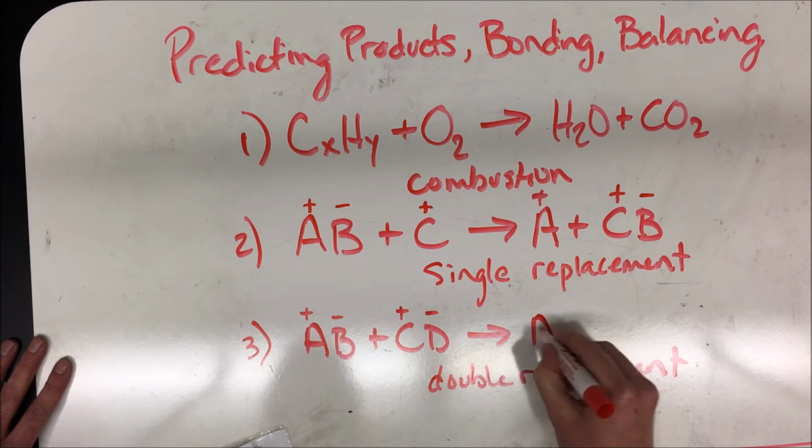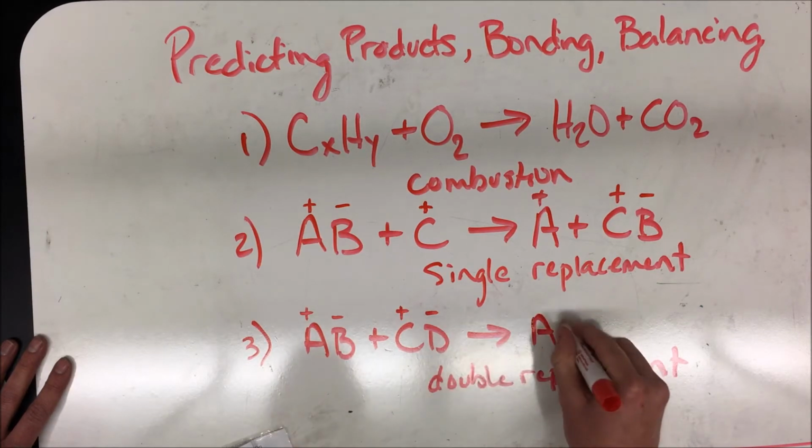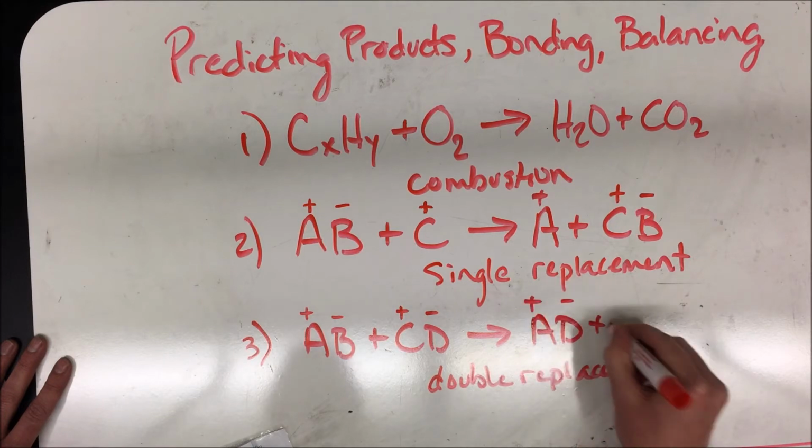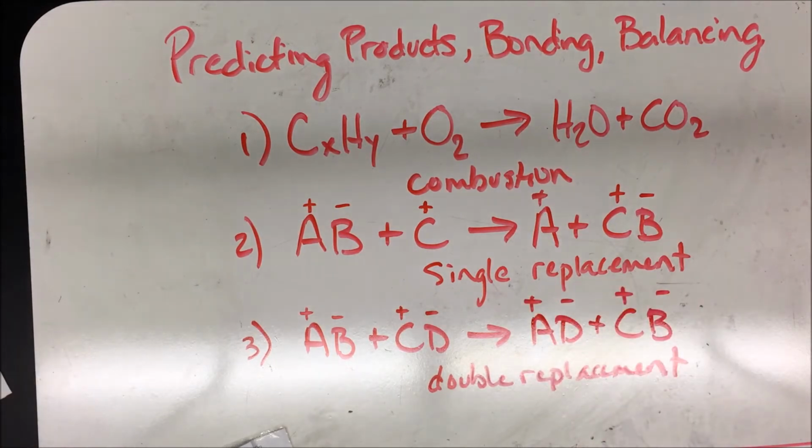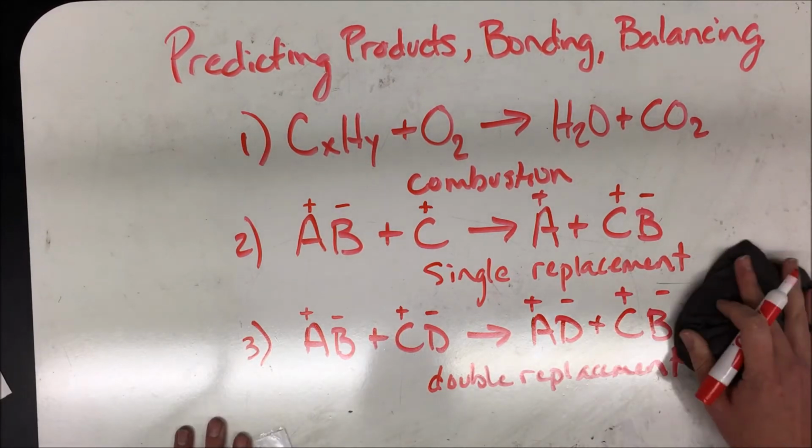Therefore, we get something like AD plus CB. Those are 3 different types of chemical equations.